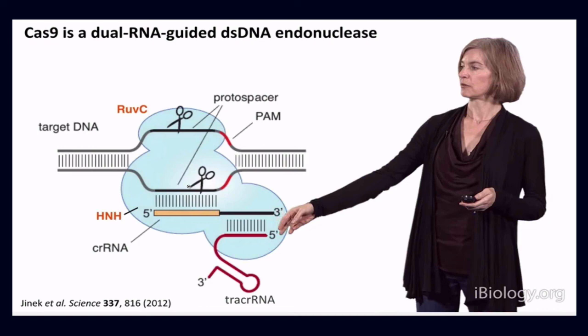The other important feature here is the PAM sequence. They realized none of these cuts will be made if there aren't two Gs, two guanines in a row, on the sequence just upstream of the CRISPR RNA region of complementarity. This region is about 19 base pairs long.